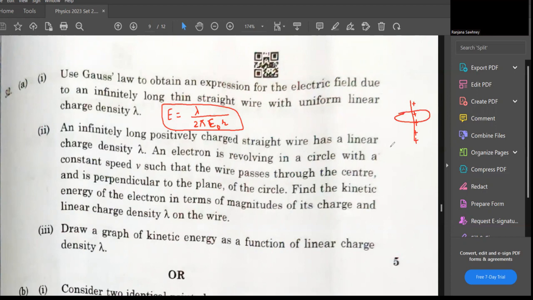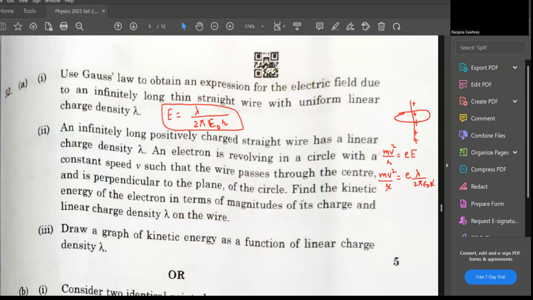Now the necessary force is centripetal force, which is equal to the force on this electron, and the force on the electron is equal to q into E. Here q is the charge on the electron, and capital E is the electric field due to this line charge. Substituting the electric field as lambda upon 2 pi epsilon naught into R, R and R cancel out. So we get this expression.